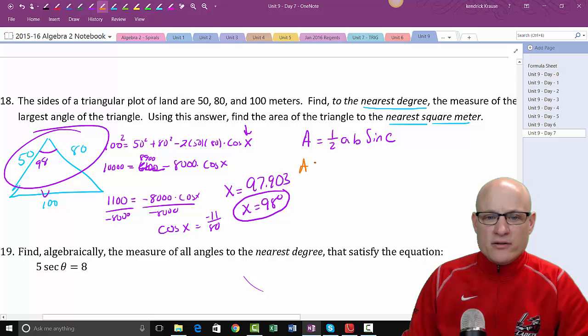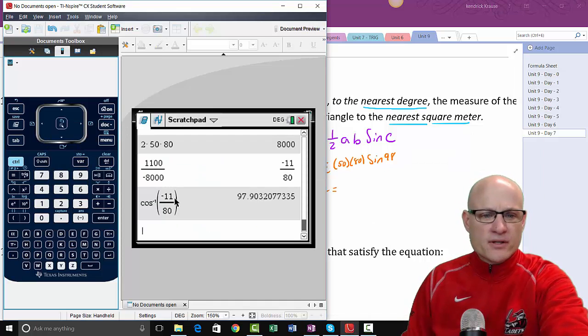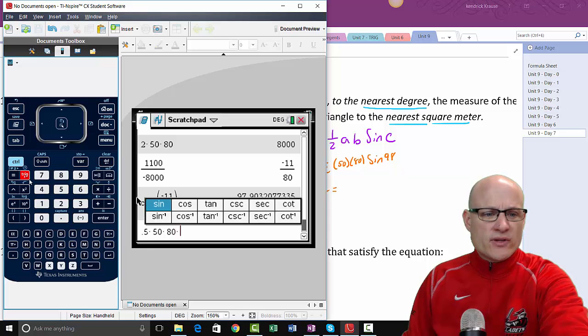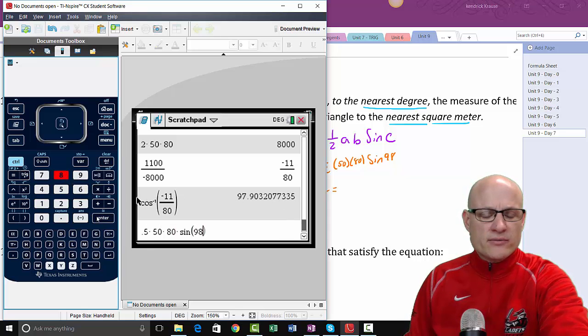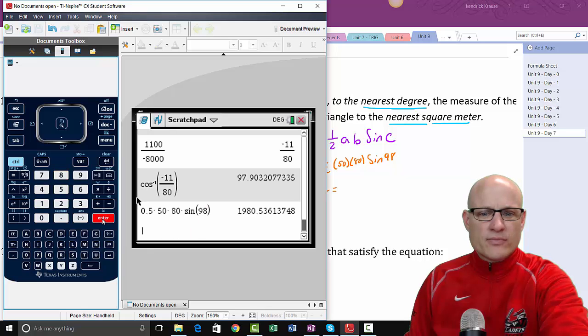So area is equal to 1/2 times 50 times 80 times the sine of 98 degrees. To figure out my final area, 0.5 times 50 times 80. I could have just put 4,000 in, because now I know it's 4,000, times the sine of 98 degrees. 1980. To the nearest square meter, 1981.